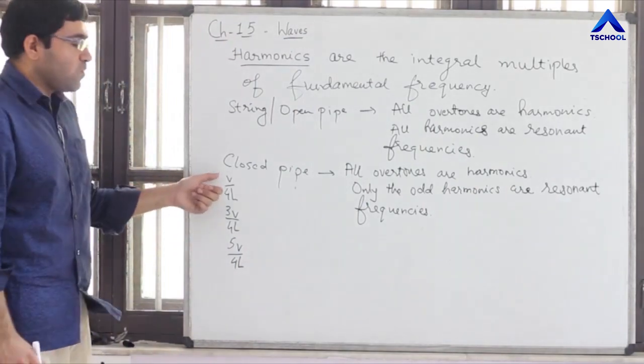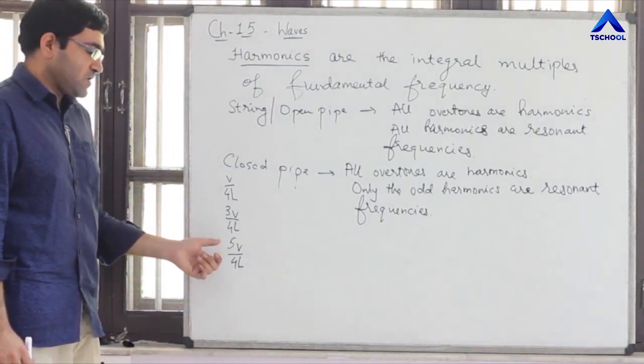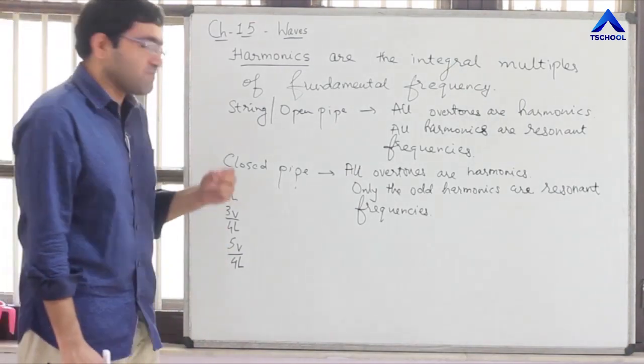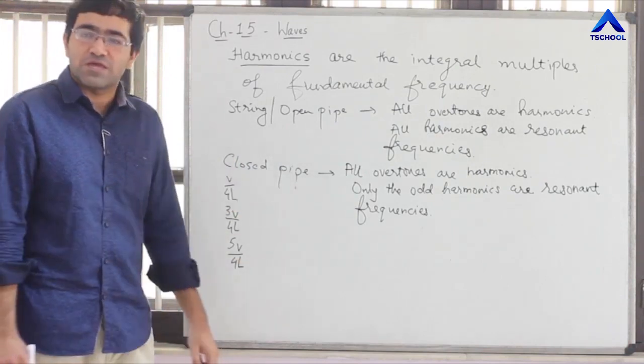So 1V by 4L is a resonant frequency, 3V by 4L is a resonant frequency, and so is 5V by 4L and 7 and so on. But you don't have 2V by 4L as a resonant frequency. So that's the importance of this sentence.